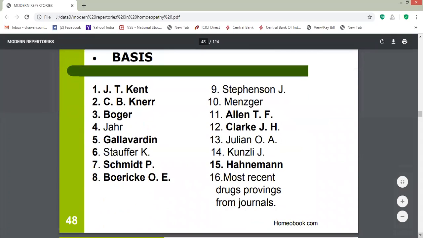These are the aims of the authors in publishing the repertory.